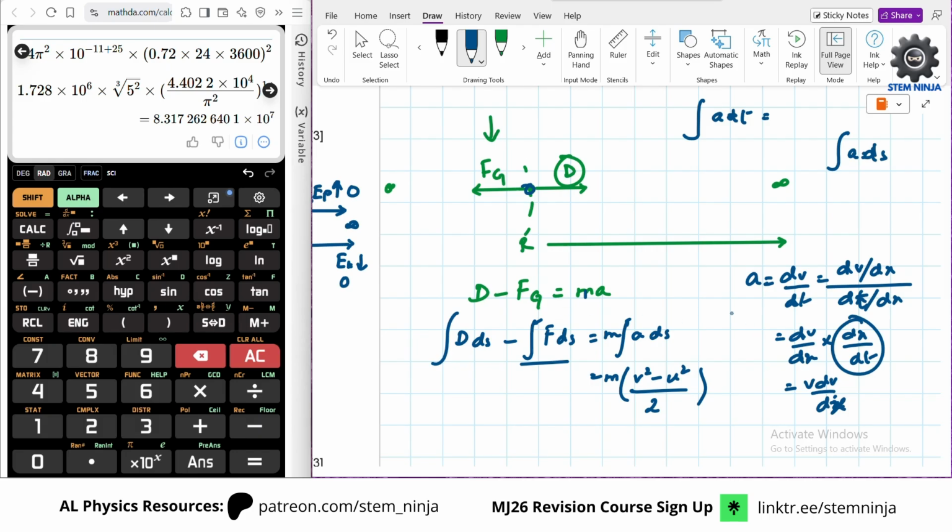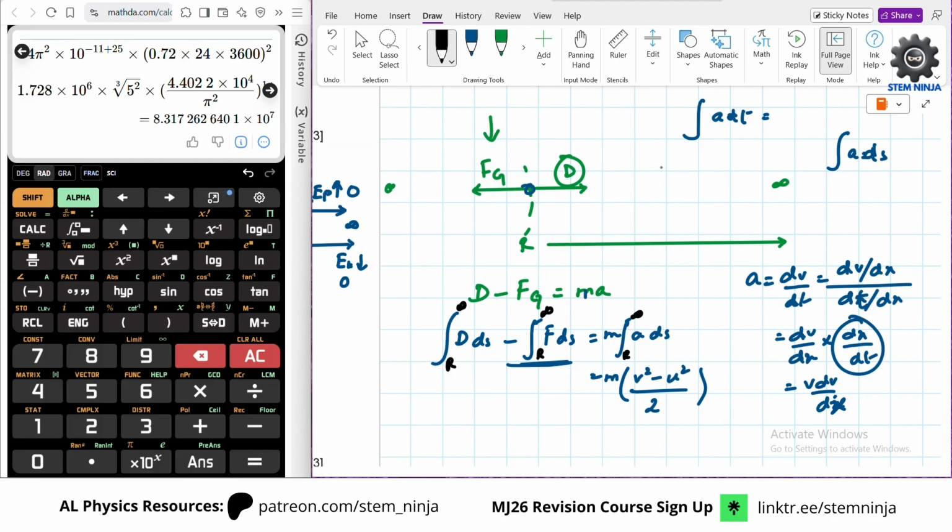Now the force, although it's negative, becomes positive when we take it to the other side. As long as it's on the left hand side, it represents the work done against gravity, from R to infinity.